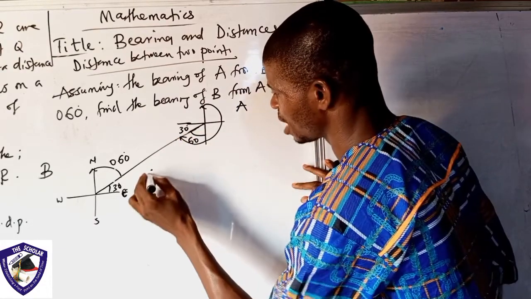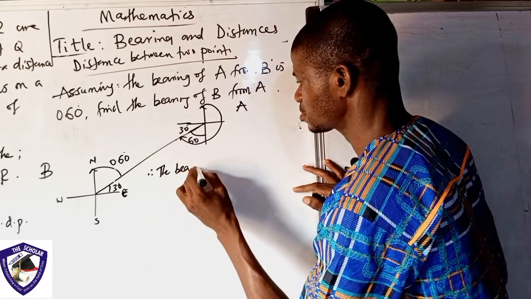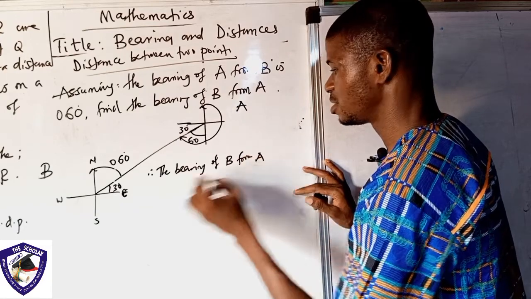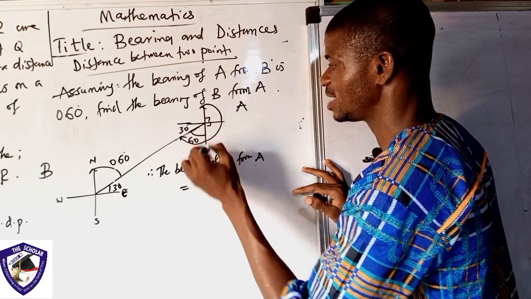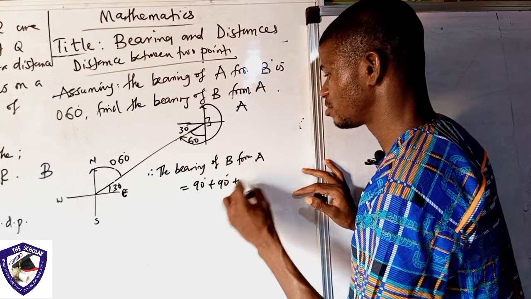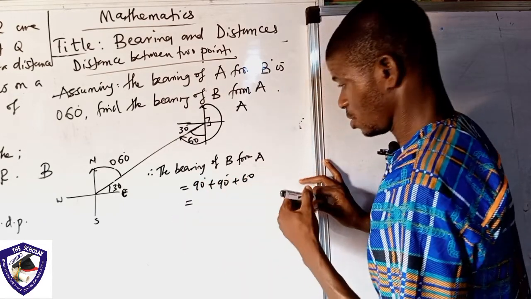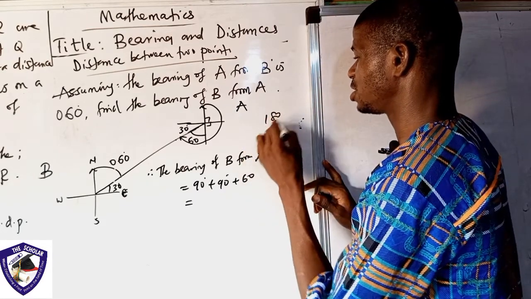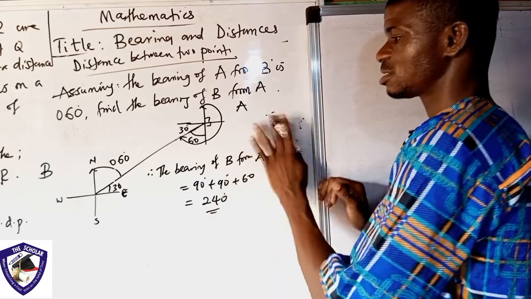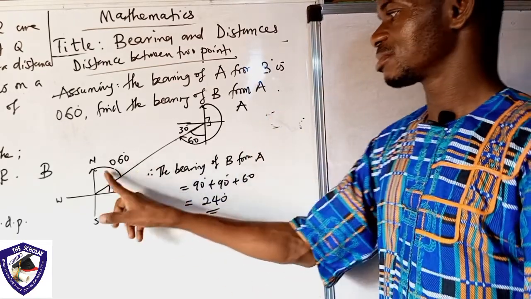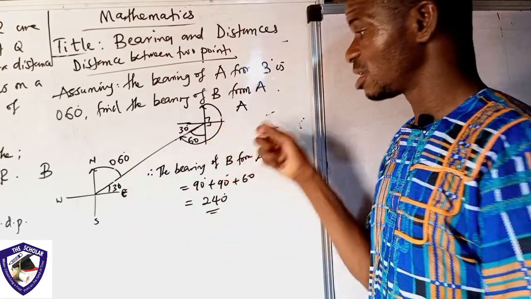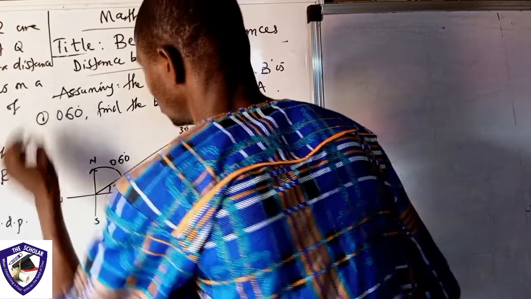So it means that therefore the bearing of B from A is equal to 90 plus 90 plus 60, and that's 180 plus 60, which is 240 degrees. So that's the answer. So the bearing of A from B, you are taking it from B. Then the bearing of B from A, you are taking the measurement at A.